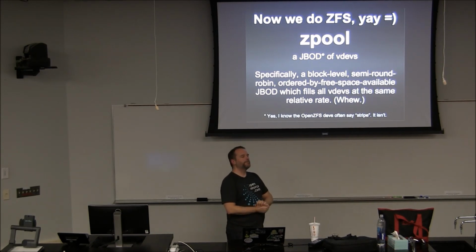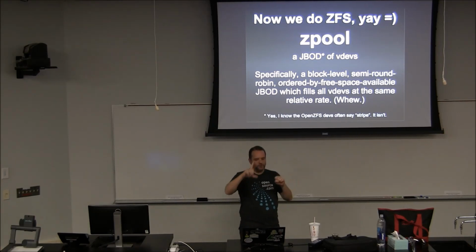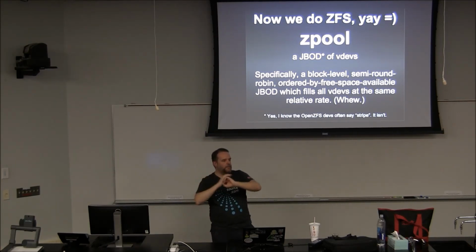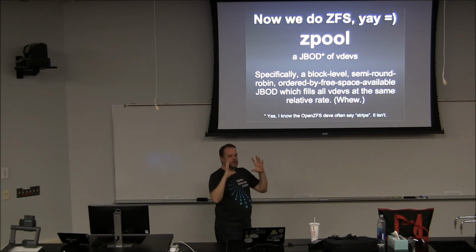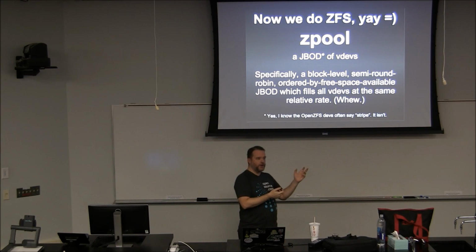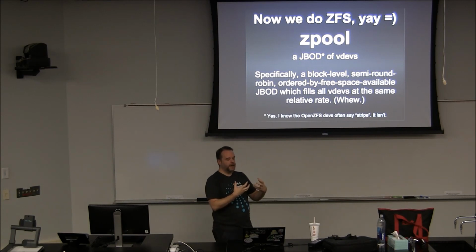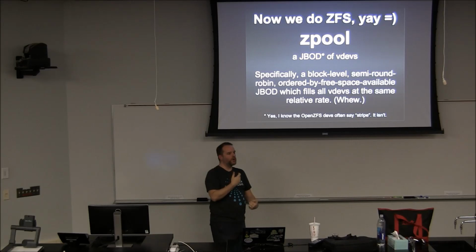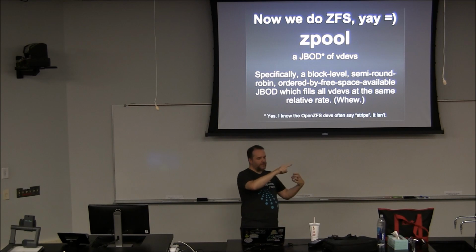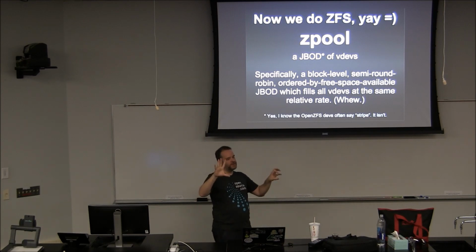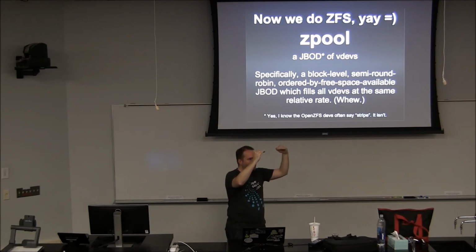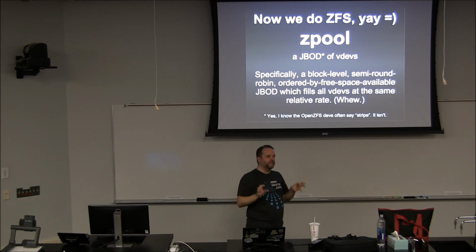Now what that means is, if you have a 1 terabyte disk, a 2 terabyte disk, and a 4 terabyte disk, and you put all those in a Z-pool, this is sort of like the RAID 0 that we were talking about before, but the difference here is that it's a JBOD, and it will fill those disks up according to how much space they have free. So we had a 4T and a 2T and a 1T, right? So you're going to write 4 times as many blocks to the 4T disk as you do to the 1T disk. And you're going to write twice as many blocks to that 4T disk as you did to the 2T disk. So they're all filling up at the same relative rate, and they will all fill to 100% at exactly the same time. That's the way that ZFS actually fills the pool.